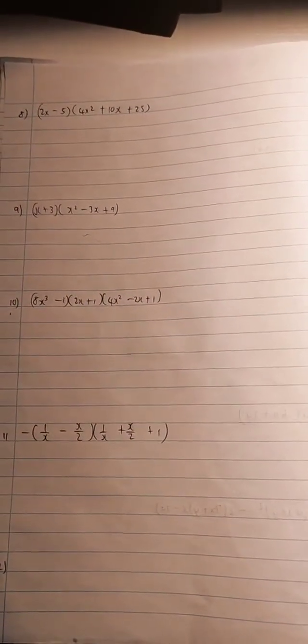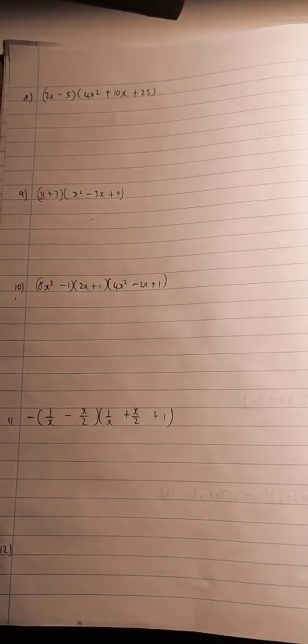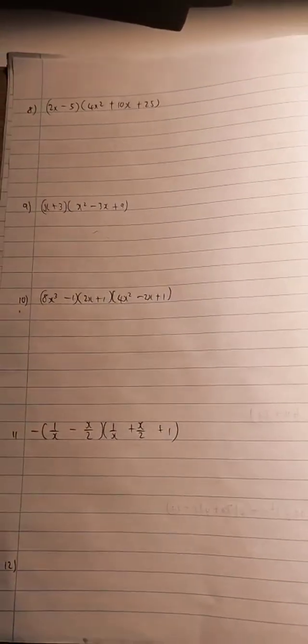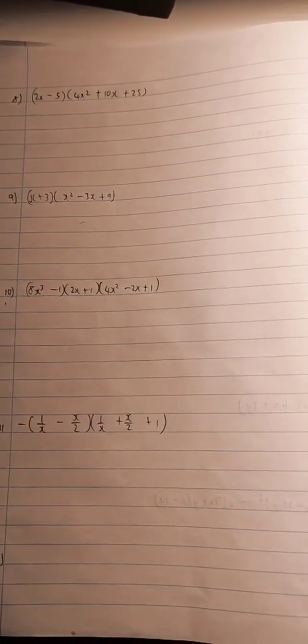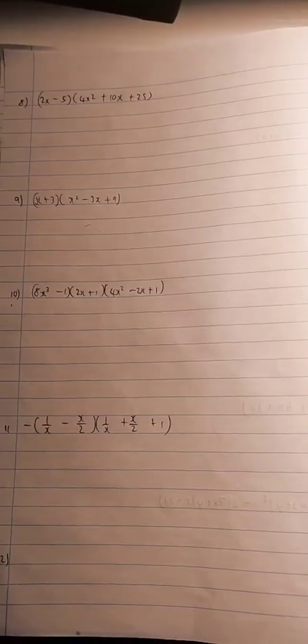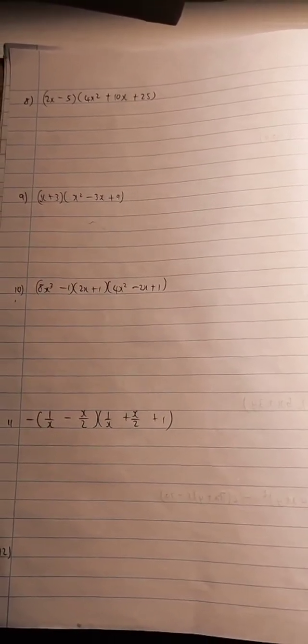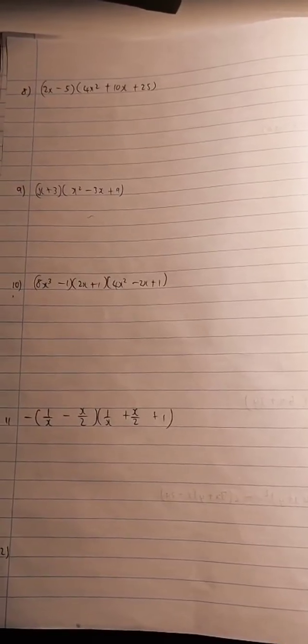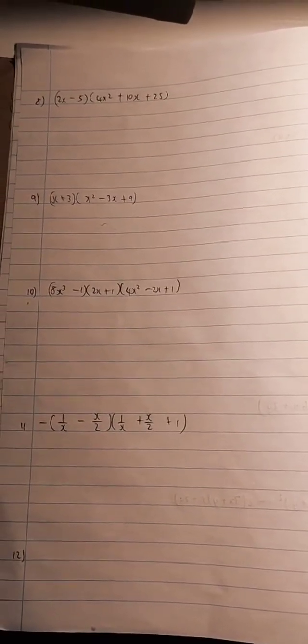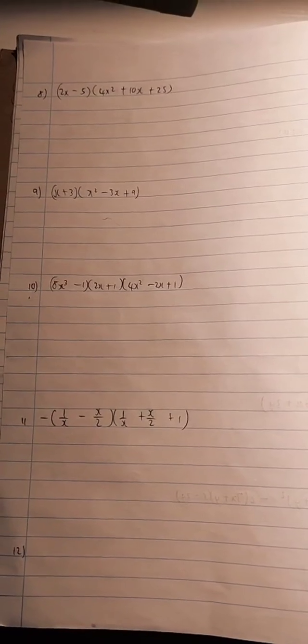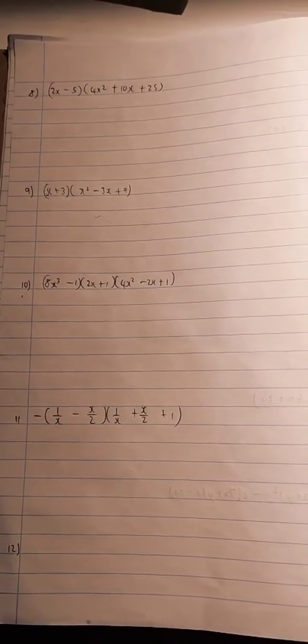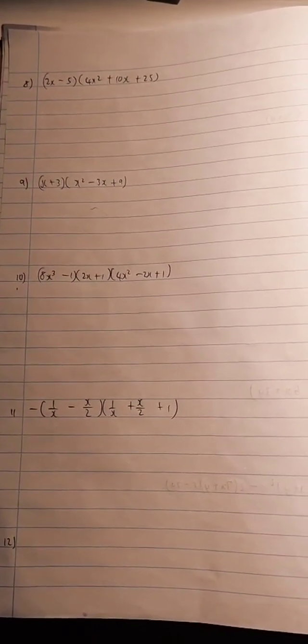Remove the brackets, get all my terms, add and subtract like terms. There's nothing much to it. You are just applying the distributive law using SNL, multiplying the sign, the number, the letter. Okay, so you have a crack at that, and like I said, when we do meet again, I will actually be doing these.